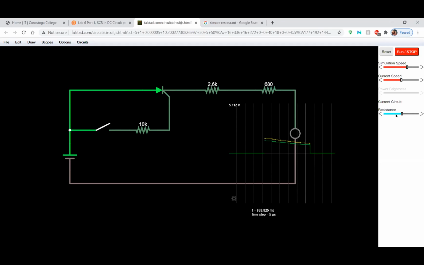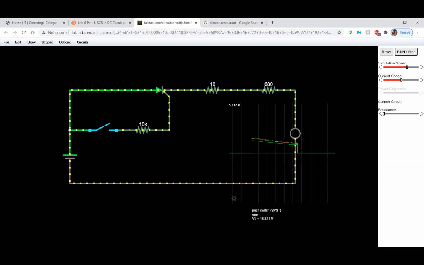If I want to turn it back on, I have to reduce my resistance back to a low value. And then I have to re-trigger, okay, so I'm going to say this again. I have to trigger my SCR once more. To trigger means to turn it on. So I'm going to run the simulation, of course, because otherwise it won't work.